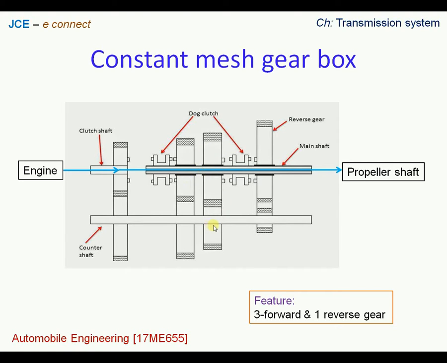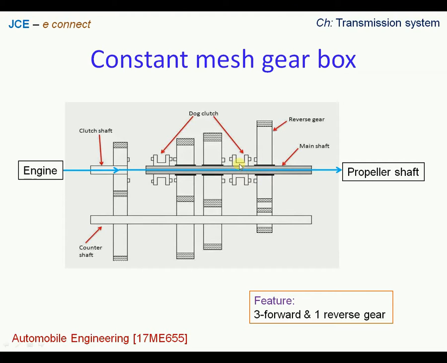Now let us look at the operation of reverse gear. In the reverse gear we understand that we have the first gear here on the lay shaft. Immediately after that we have an idler gear which helps in reversing the direction of rotation of the gears, followed by a reverse gear which is mounted on the bearings.